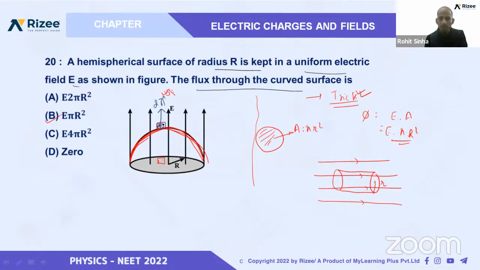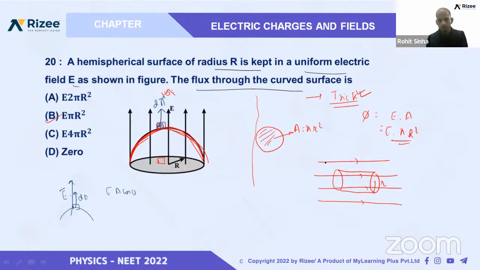You can see it is dA. Area is always perpendicular to the surface, so area will be along this side, dA, and electric field is also along this side, E. So they are not perpendicular, they are parallel to each other, and we know E into A into cos 0.